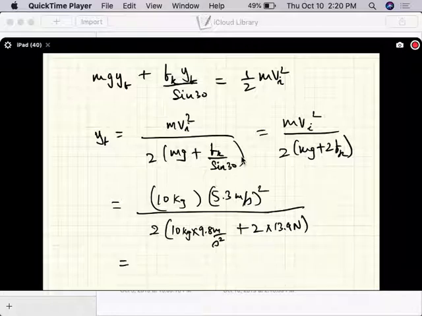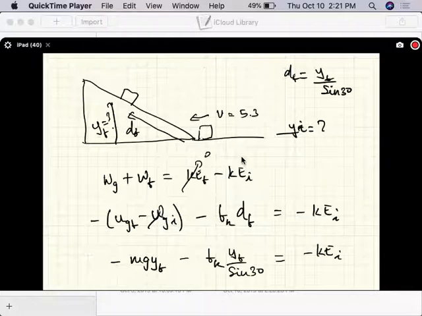And so this will tell you how far it will rise up. It's 0.12 meters.